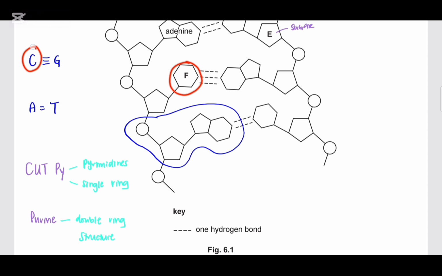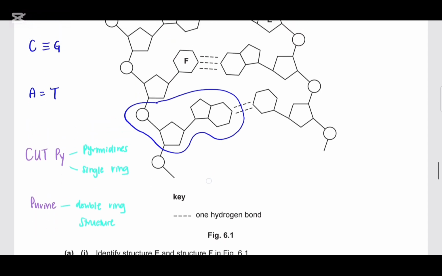So how do we know that F is actually cytosine? Because here it has a single ring structure, so it has to be a pyrimidine.